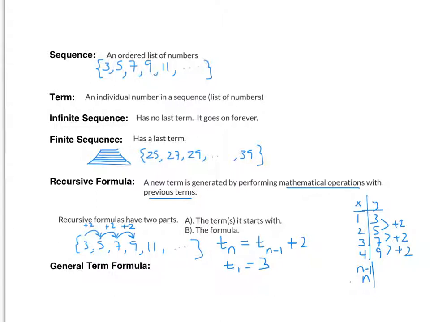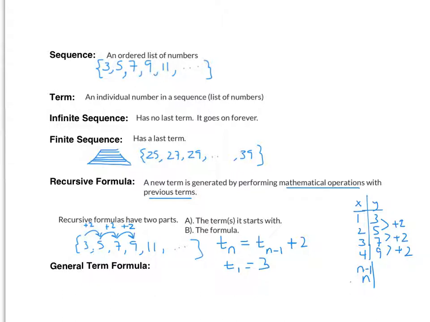Now, in general, recursive is okay, except if you want the 100th term, you're going to need the 99th term, which means you need the 98th term, which means you need the 97th term, and so on, all the way back to 1, which is a lot of work generating all of those terms. So a general term formula is much easier to work with.